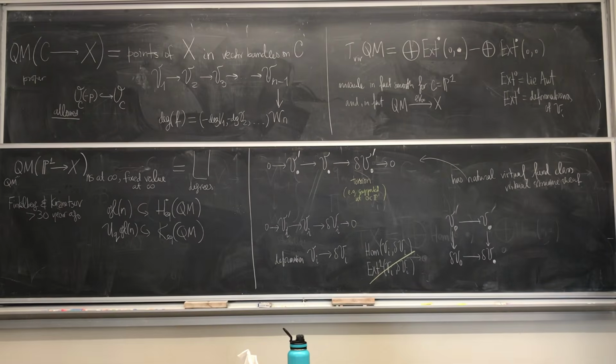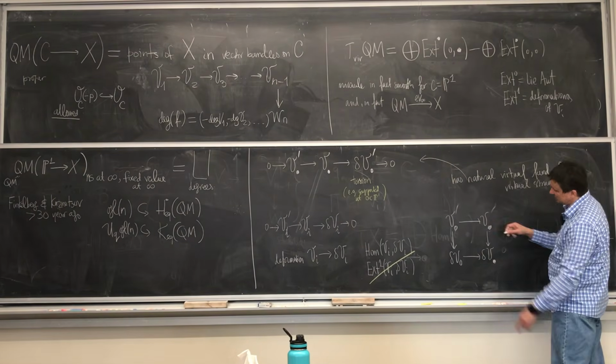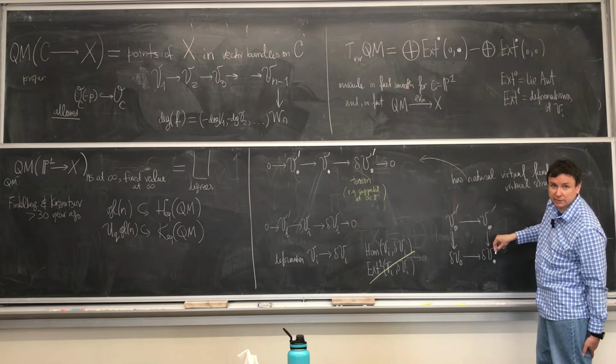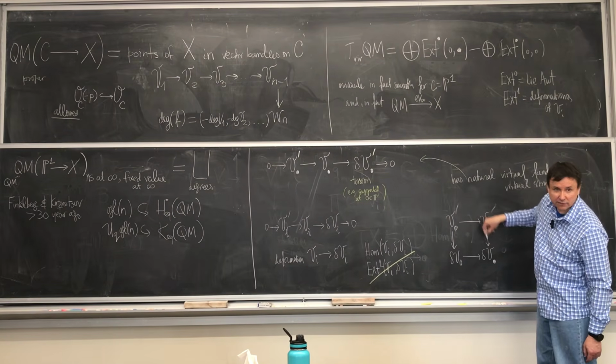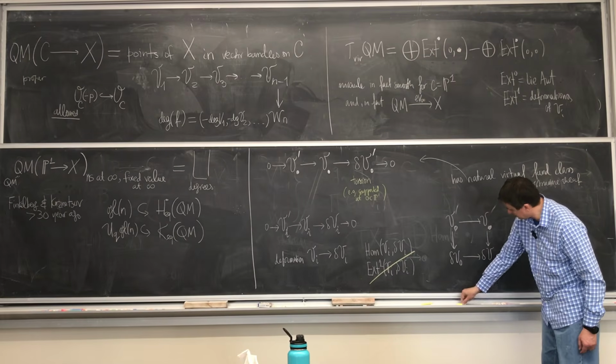So when you deform the diagram, what's the obstruction? The obstruction is that this map has to commute, right? So if you deform all the arrows in this diagram, then you get the commutator here.